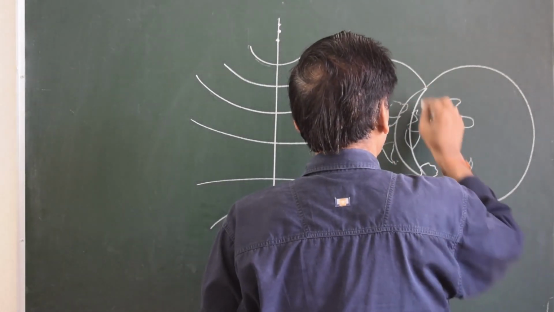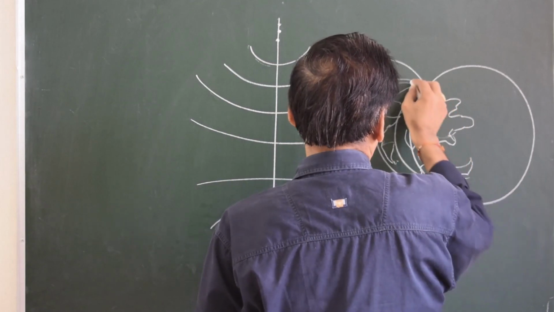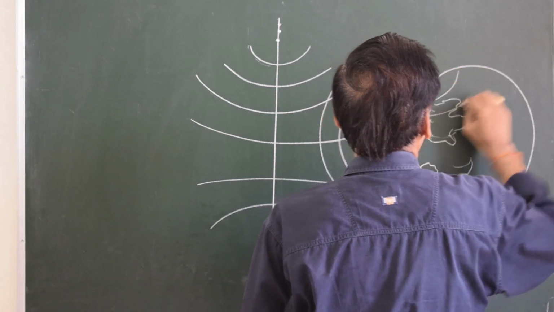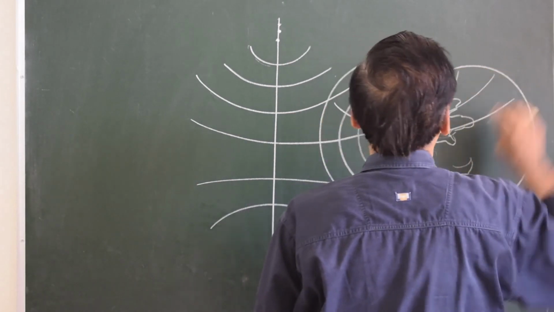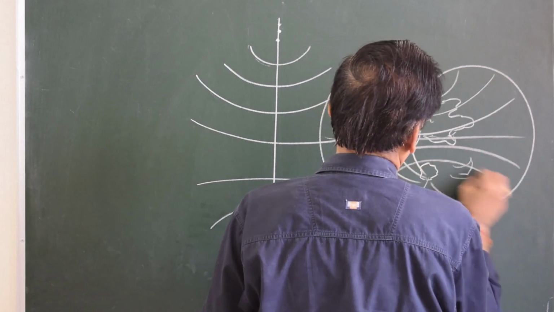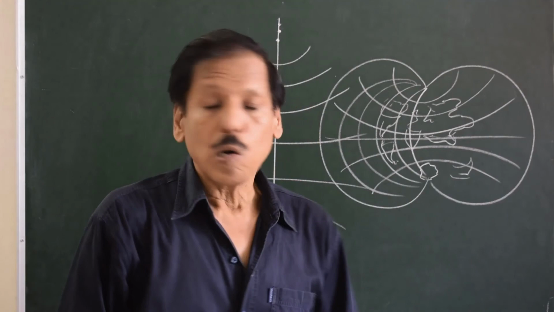These are the meridians, and the parallels of latitude. So that is the American polyconic projection.